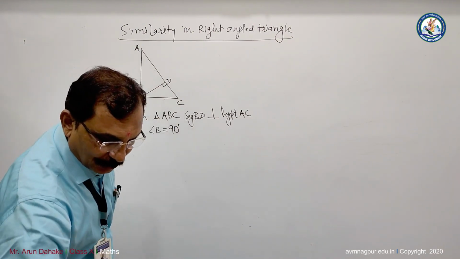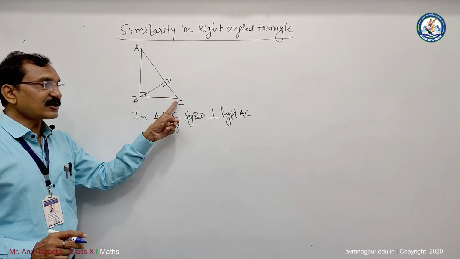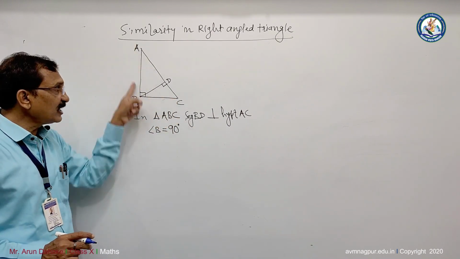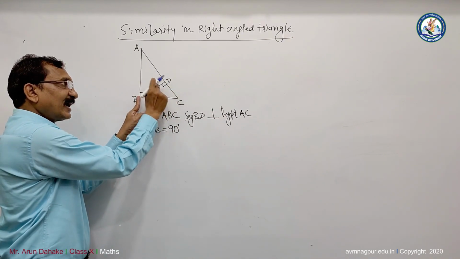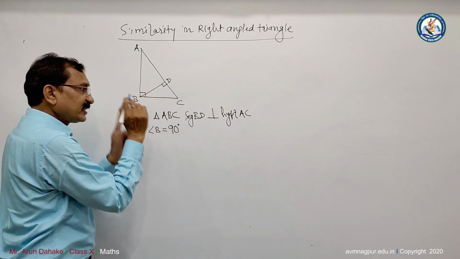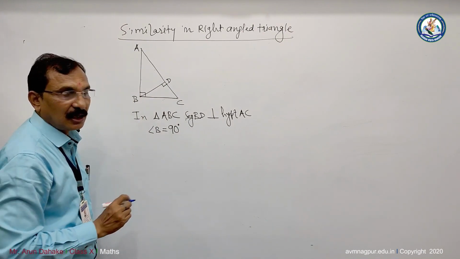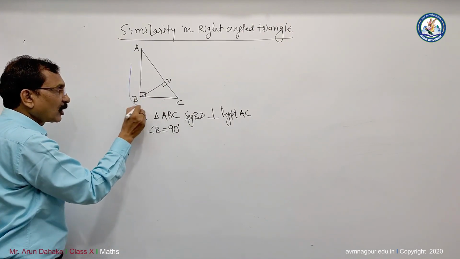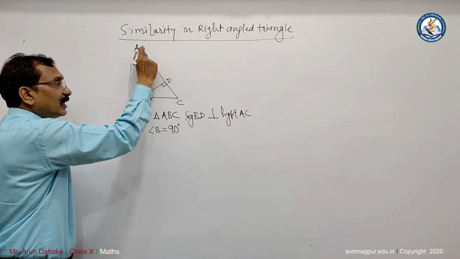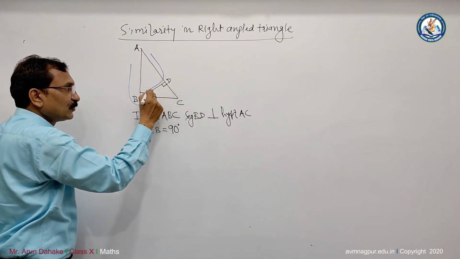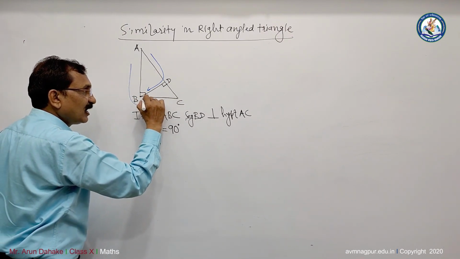You take the proper order of these triangles: triangle ABC, the original triangle, then triangle ADB, and then, starting again from vertex B, triangle BDC.